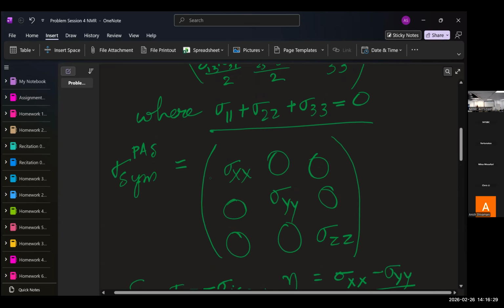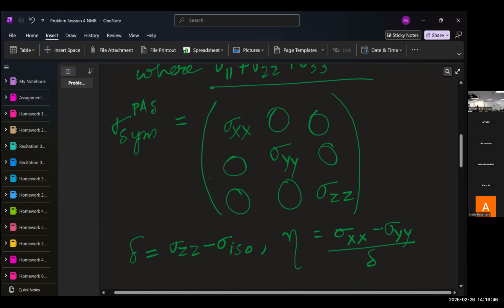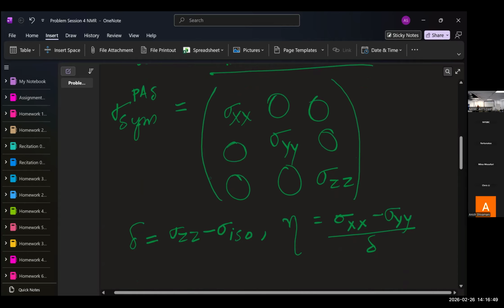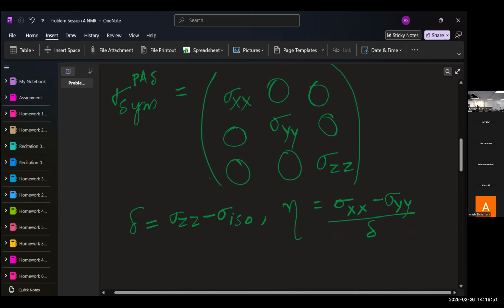But this is just saying sigma xx, sigma yy, sigma zz, and we commonly refer to the tensor in terms of the width of the tensor being the anisotropy, and then an asymmetry or rhombicity. And we've looked at that representation and we've seen this. So if you're curious about how that works, this is the formula that you would use. And I'm just going to do a little exercise with these numbers, where delta, the tensor anisotropy, is the ZZ component minus isotropic, and eta is XX minus YY over delta.